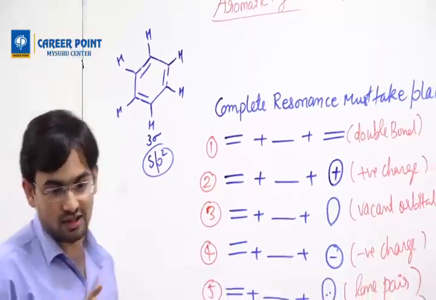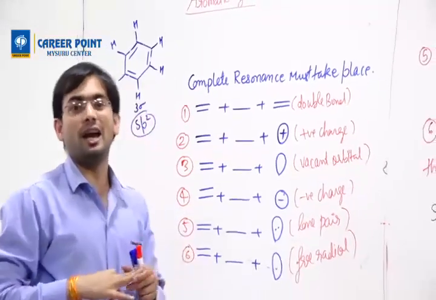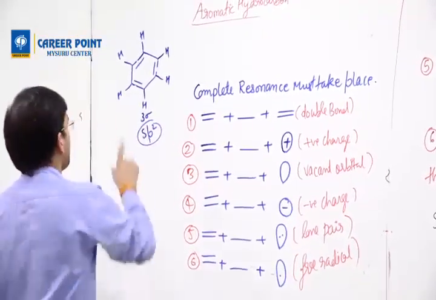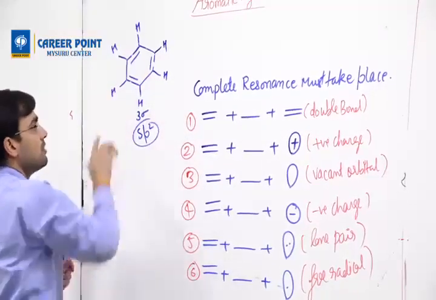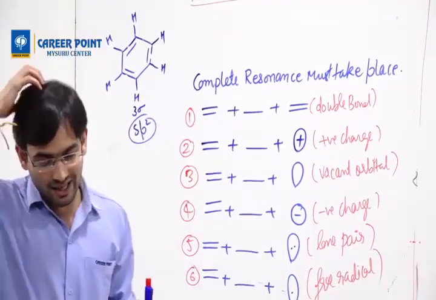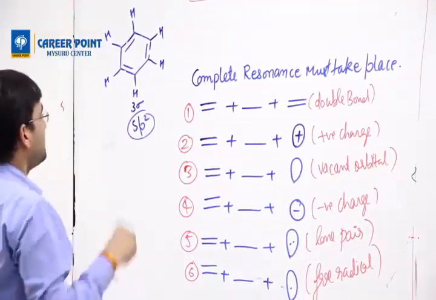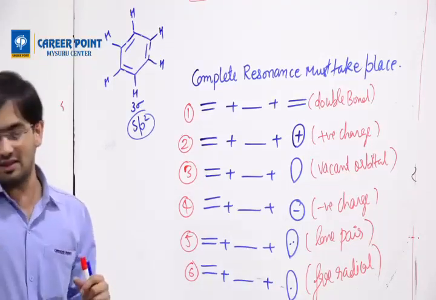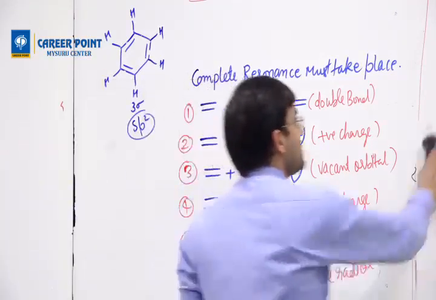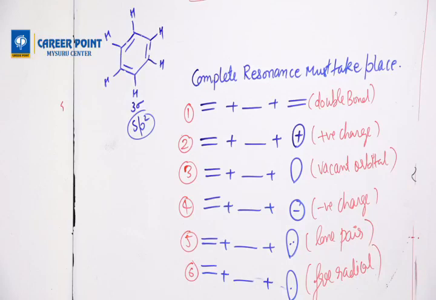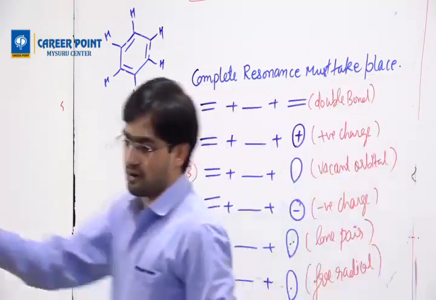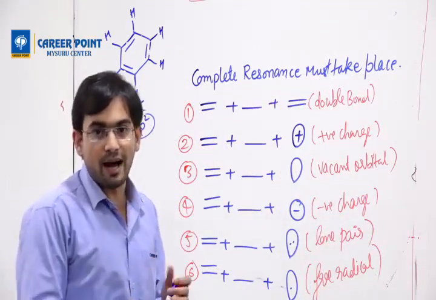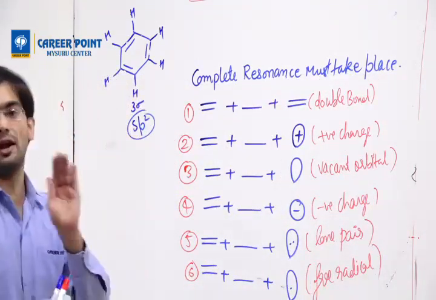This is the third step: complete delocalization of pi electrons. This pi electron will move. Once the third condition is satisfied, we have the fourth condition: the number of pi electrons must be 4n plus 2.